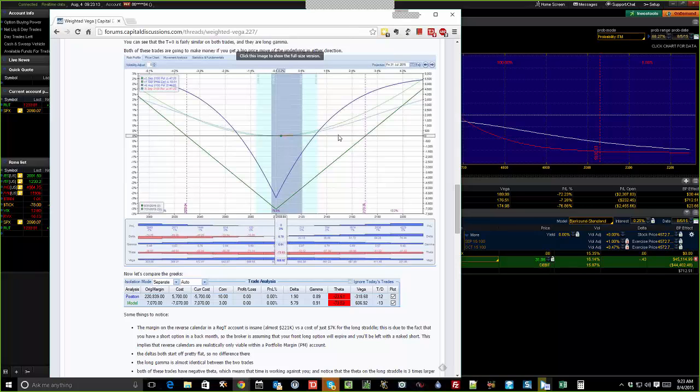So if you're in a negative Vega trade and therefore positive theta, and you have the option of trading something that can make you money, and let's pretend that it's the same amount of money, and I gave you the option of a trade that had a gamma of 5 versus a gamma of 0.1, then obviously you want the gamma of 0.1, right? You're not going to be affected by volatility.